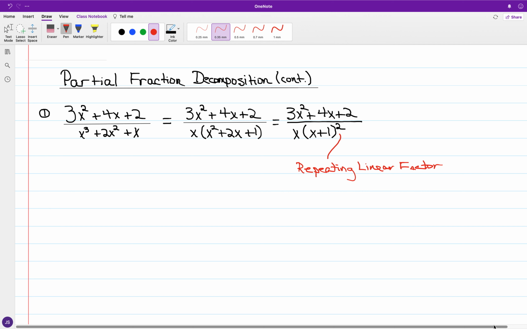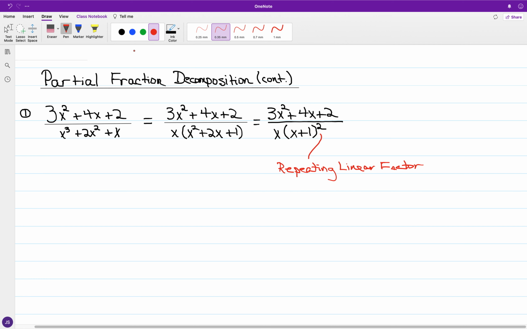For the partial fraction decomposition on this one, I have a factor with x, so I'm going to express this with A over x.